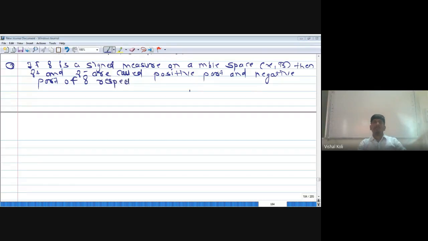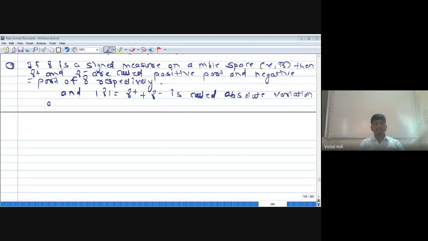Either we call them positive variation and negative variation with respect to the signed measure gamma. So if gamma is any signed measure, then it can be expressed as the difference of two measures, gamma plus and gamma minus, where gamma plus is called the positive part or positive variation of gamma, and gamma minus is called the negative part or negative variation of gamma, and the modulus of gamma, equal to gamma plus plus gamma minus, is called the absolute variation or total variation of gamma.